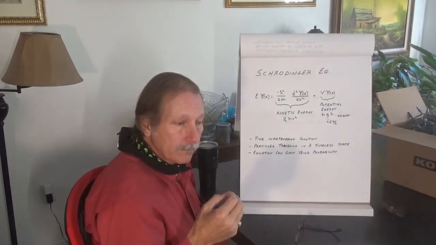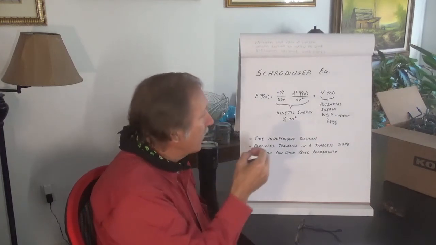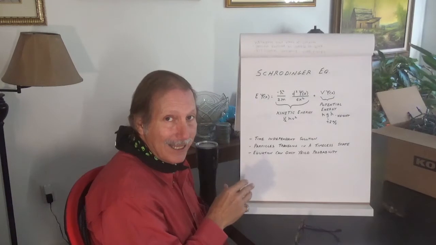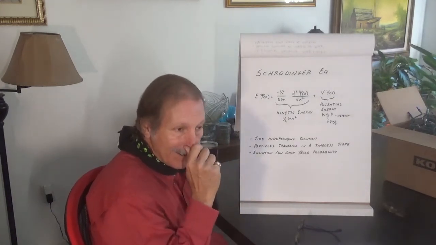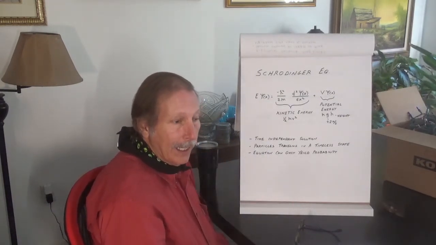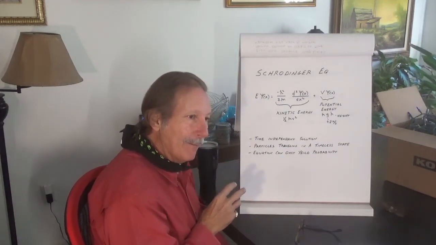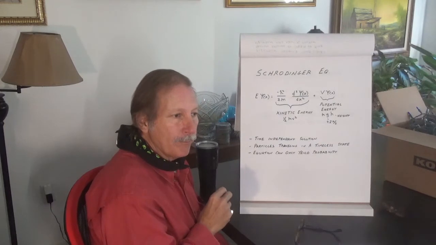And within the way this equation is arranged, there's no way that you're going to get anything but a probability out of this equation. And you should not expect anything but a probability.